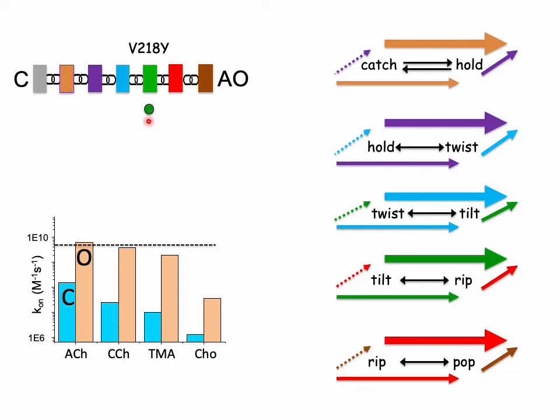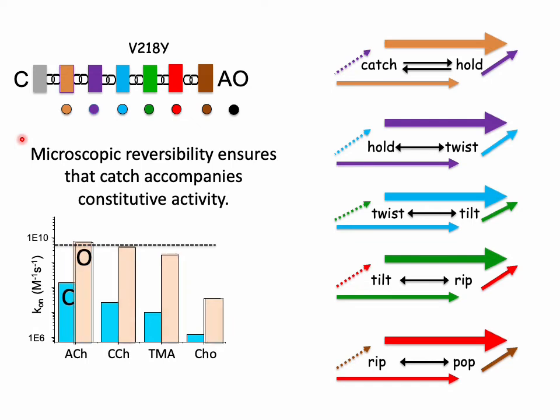And if we make a mutation here that makes that happen with great probability and therefore increases open probability, that mutation is going to not only promote the subsequent events in the chain, it's going to promote the preceding events in the chain. So you're going to get up and down. It's going to be bidirectional. You're going to get all the way through to catch, because catch promotes hold. So in this case, tilt promotes twist, promotes hold, promotes catch.